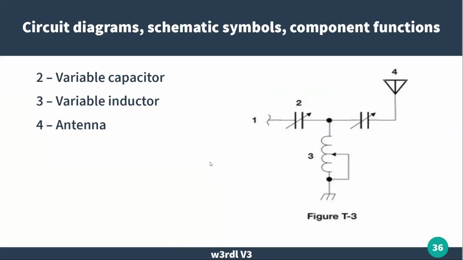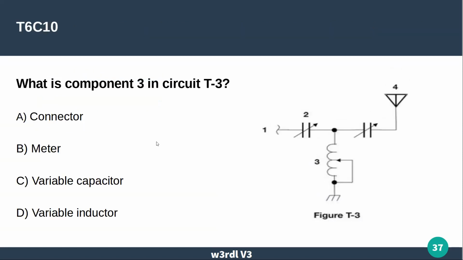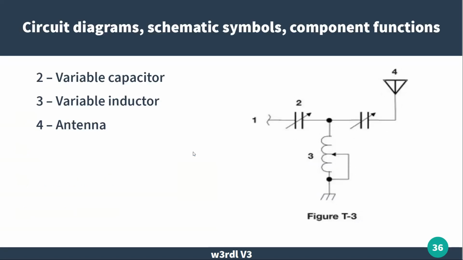All right, another set of schematics. Here we have a variable capacitor, number 2, a variable inductor, number 3, and an antenna, number 4. There's a 1 here, but there's not a 1 on that side. Huh? There's a 1 right there, but there's no 1 over there.